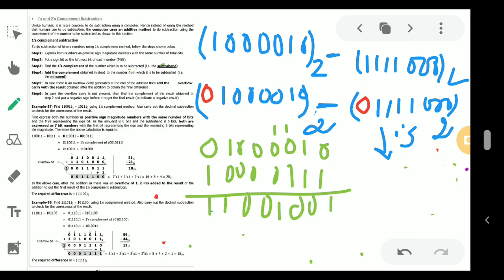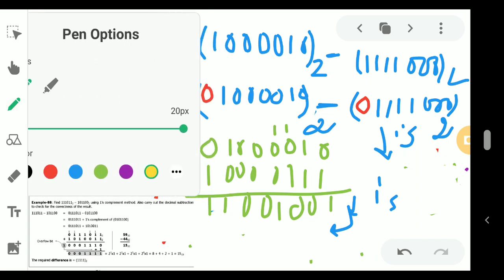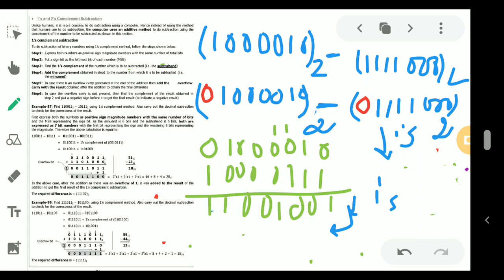If no carry is generated, you have to find the ones complement of the particular number. So the ones complement of this answer would be 0 1 1 0 1 1 0 0. So the final answer would be 1 1 0 1 1 0.